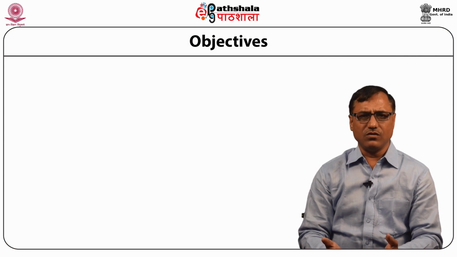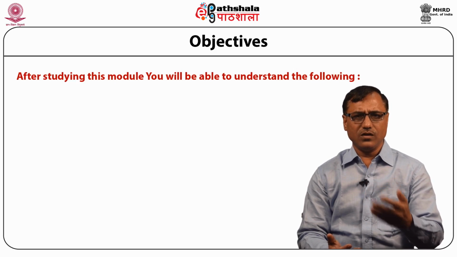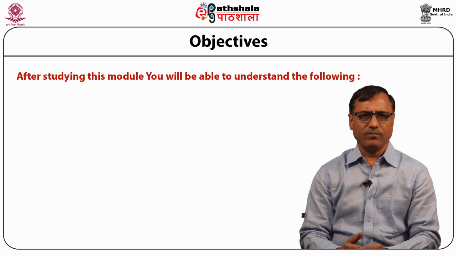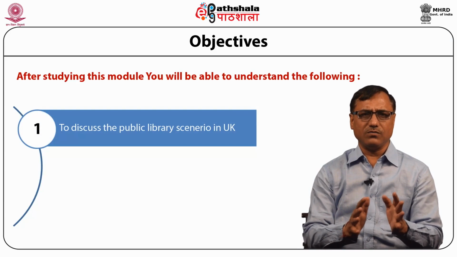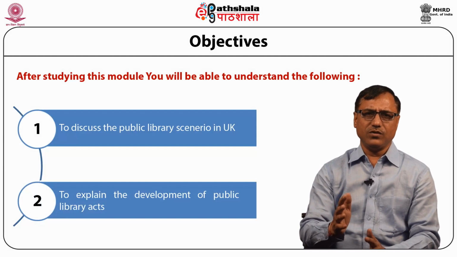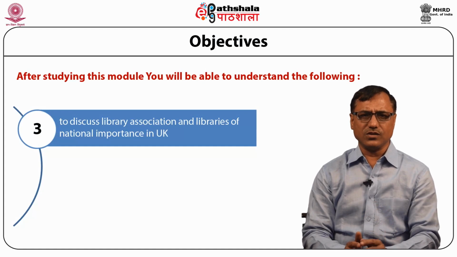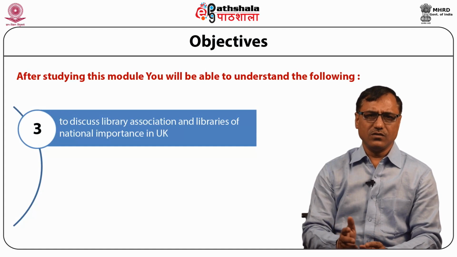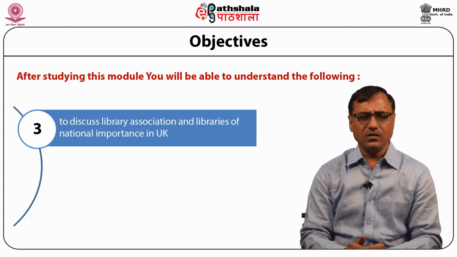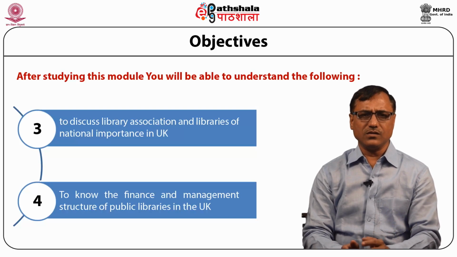The objectives of the module are: after studying this module, you will be able to understand the following: to discuss the public library scenario in the UK, to explain the development of public library acts, to discuss library associations and libraries of national importance in the UK, and to know the finance and management structure of public libraries in the UK.